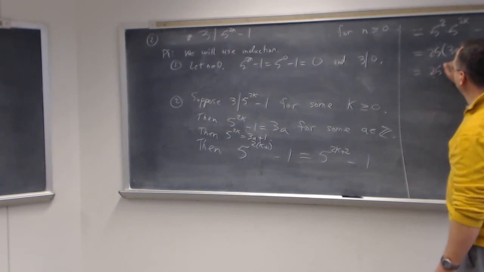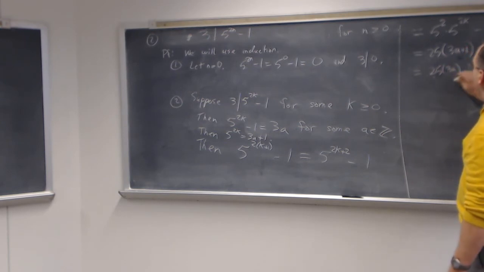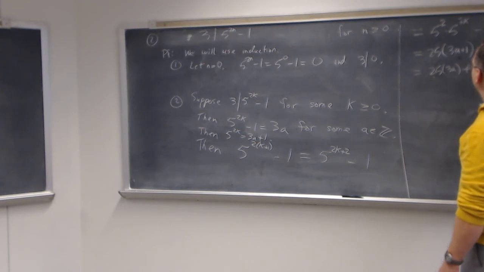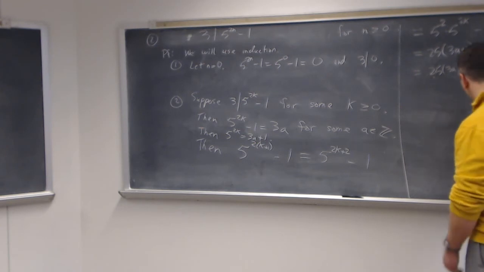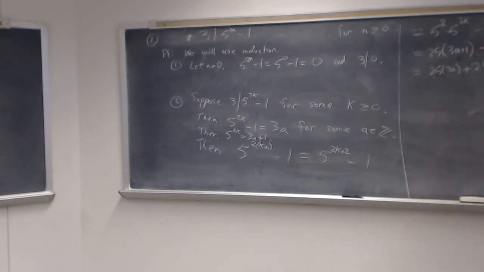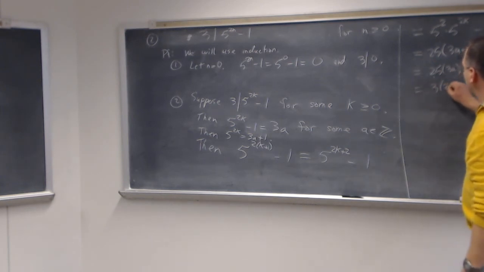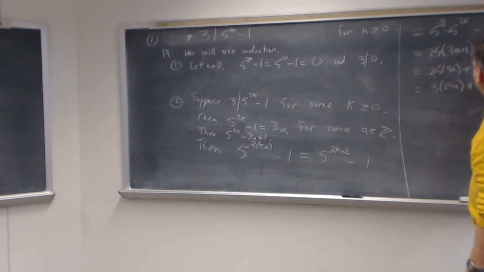You're going to need this factor of 3. Oh, it's 24, that's a factor of 3. Just distribute the 25. This equals 3 times 25a plus 24, which is 3 times 8.